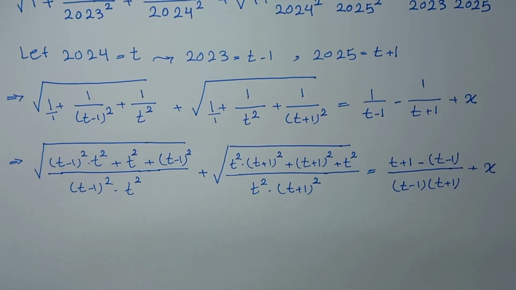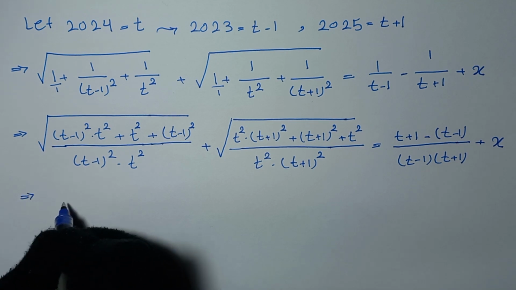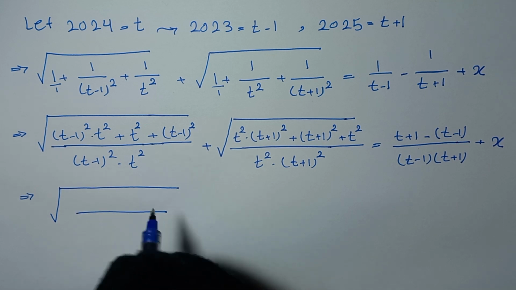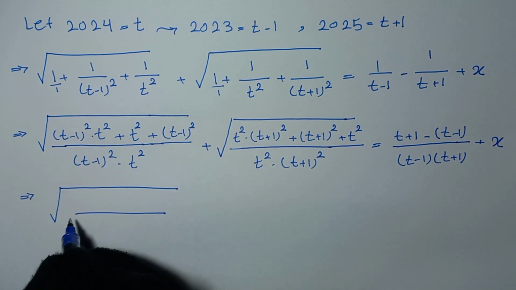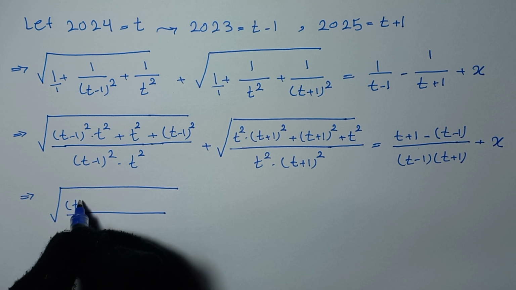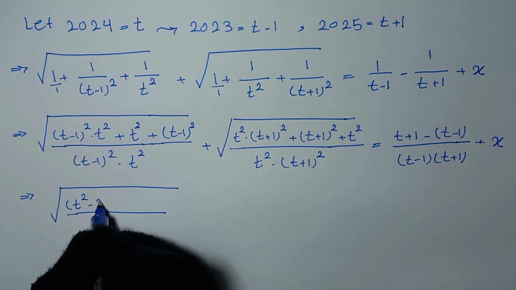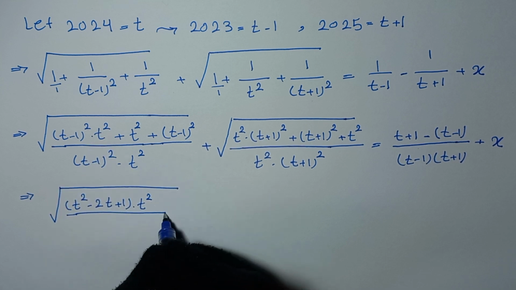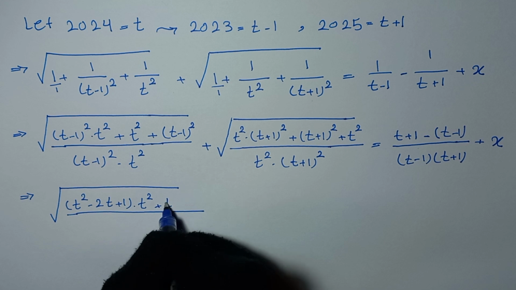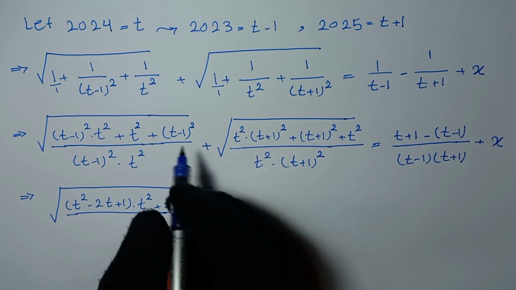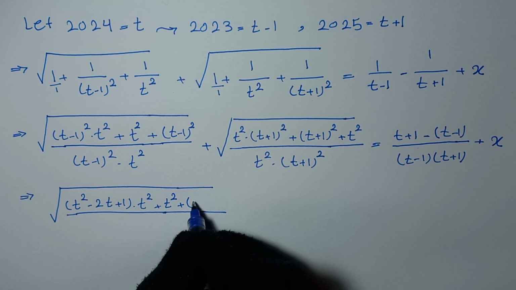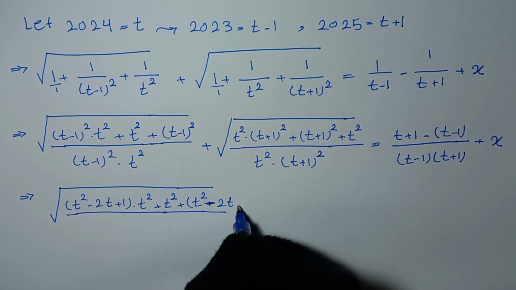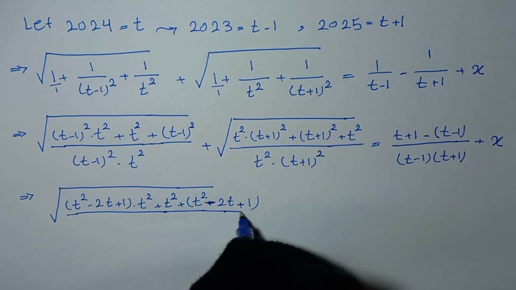And in next step, it will be square root of t minus 1 to power of 2, it will be t square minus 2t plus 1 times t square and plus t square and plus t minus 1 to power of 2, it will be t square minus 2t plus 1, right?